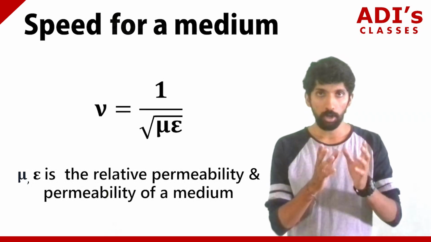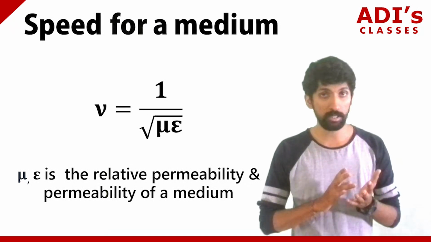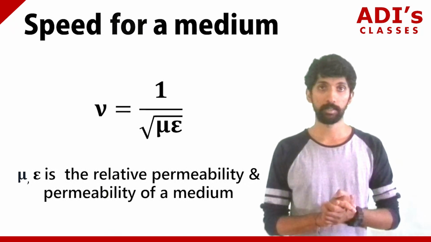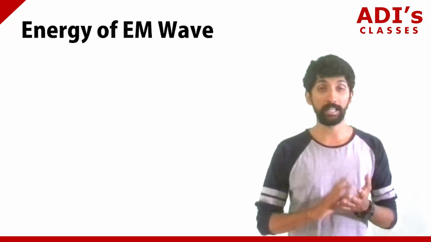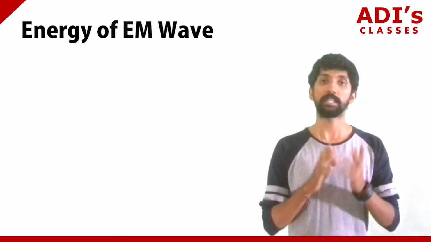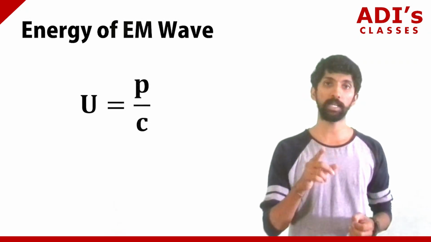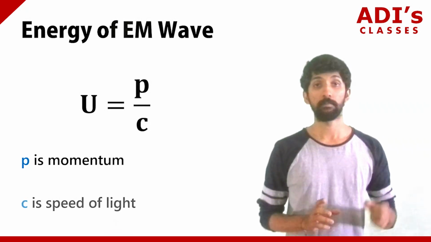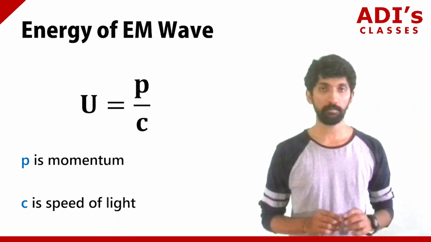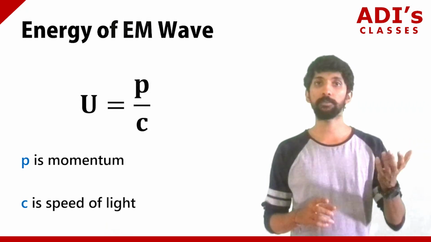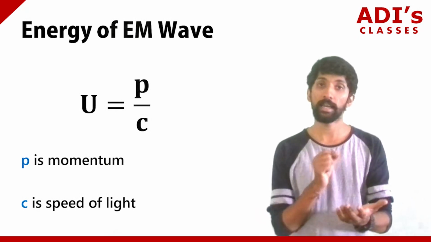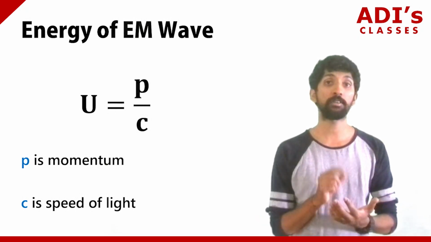Using this, we figured out the speed of an electromagnetic wave, right? Now we have the energy of an electromagnetic wave. The energy of an electromagnetic wave is given by U is equal to P divided by C, where P is the momentum. Even if you keep your hand in the sun, electromagnetic waves are coming and hitting your hand.